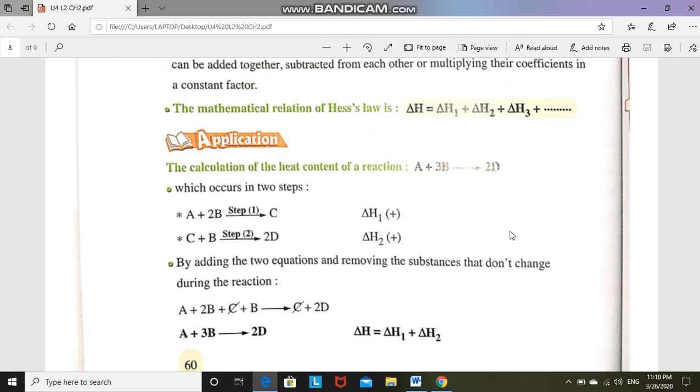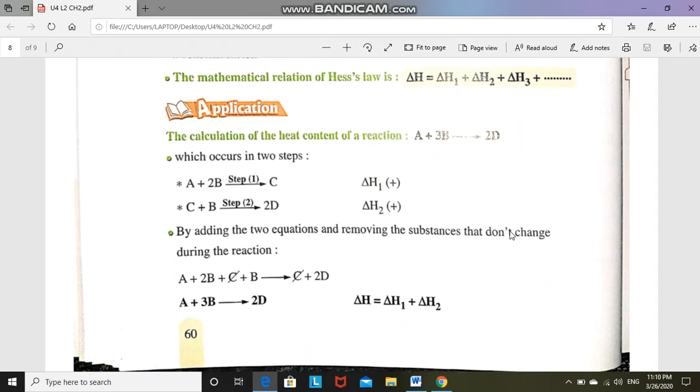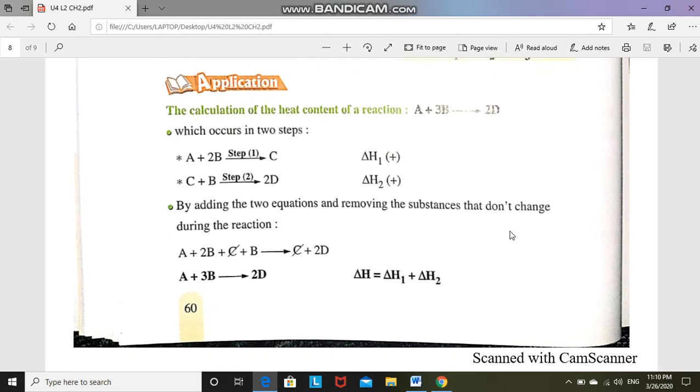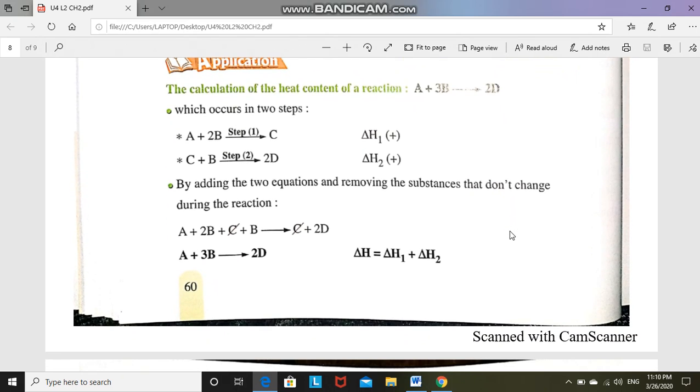Okay, we have here the reaction A plus 3B forming 2D. We have two steps forming the reaction. The first one, step 1, A plus 2B forming C, with delta H1. The second equation, step 2, C plus B forming 2D, with delta H2.